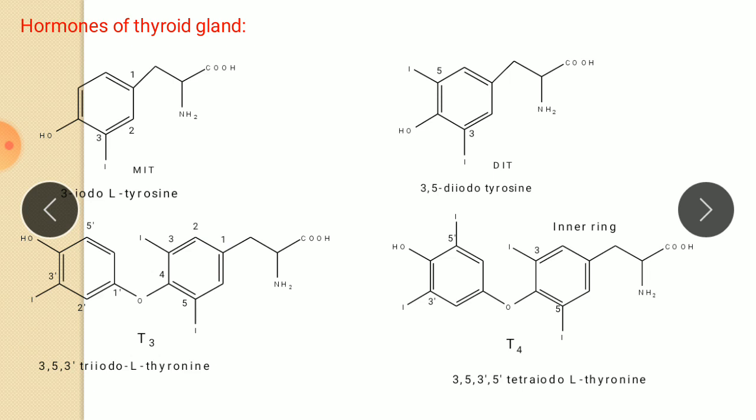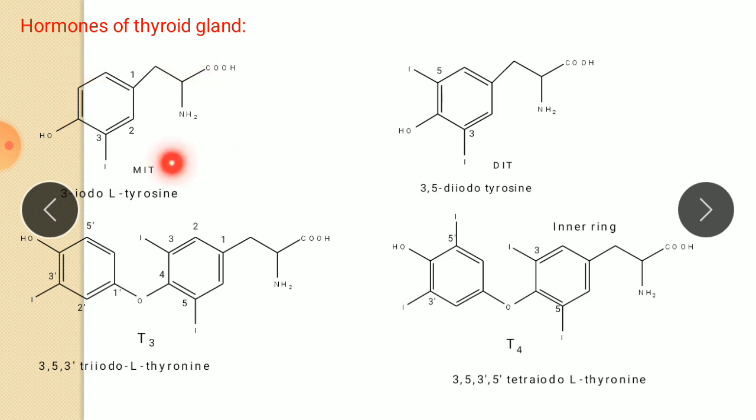The thyroid gland also contains 2 important iodinated amino acids, that is diiodo-L-tyrosine, in short DIT. The full form of DIT is diiodotyrosine, and monoiodotyrosine is MIT.